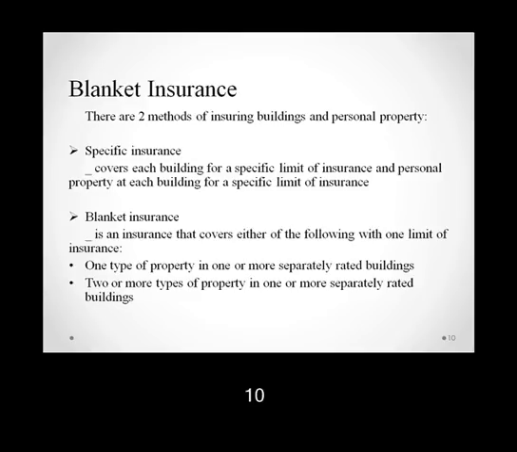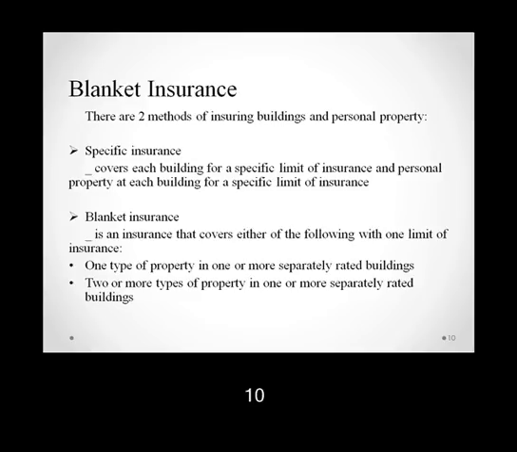For example, you have $100,000 covered for the building at one location, and you have $80,000 covered on your business personal property on the other location. So those are the policy limits that will apply to each of these properties separately.